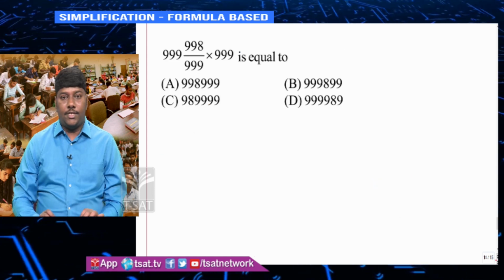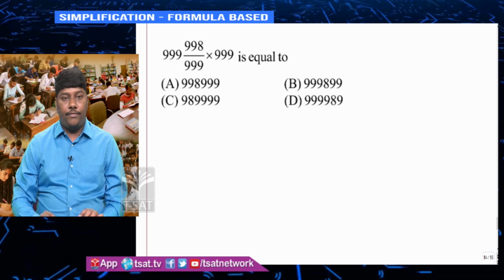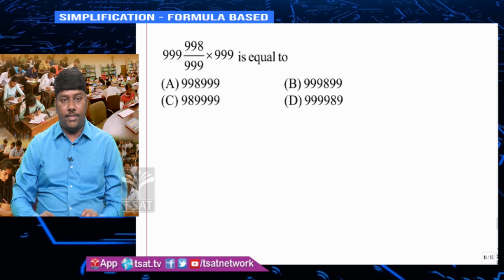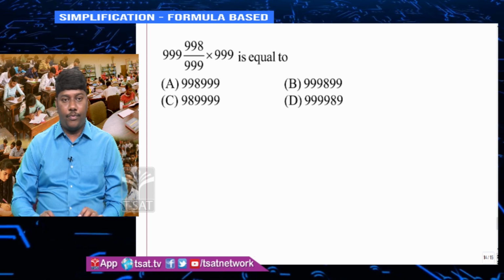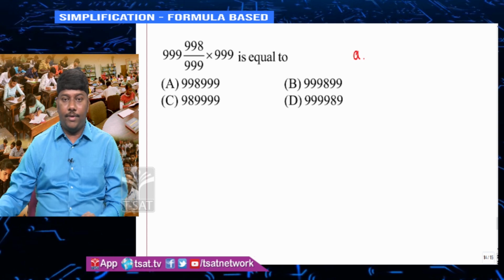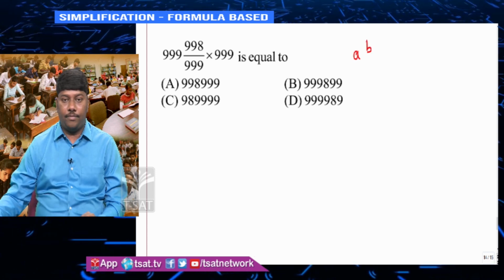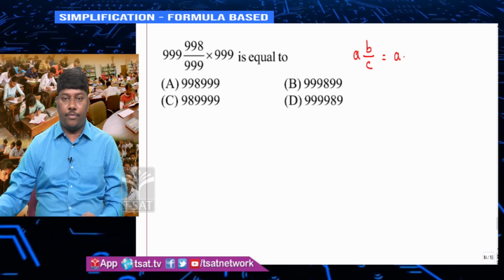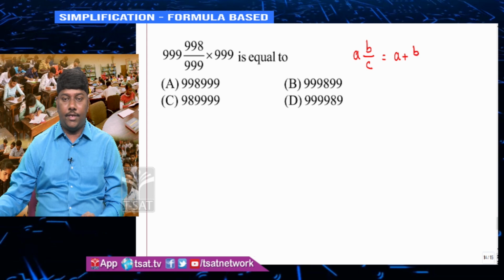Now see how we solve sums based on fractions here, which is in the form of a b by c into something. Now we all know when a mixed fraction a b by c, you can always write it as a plus b by c.